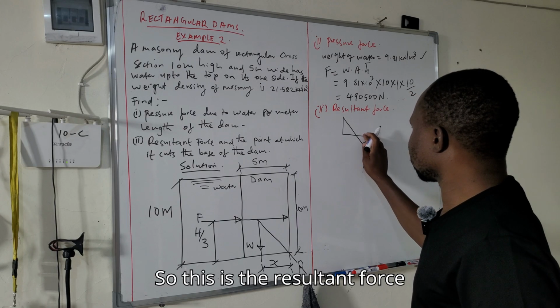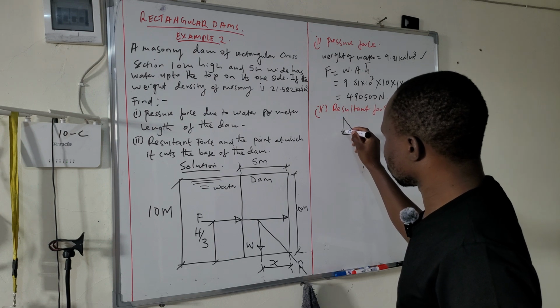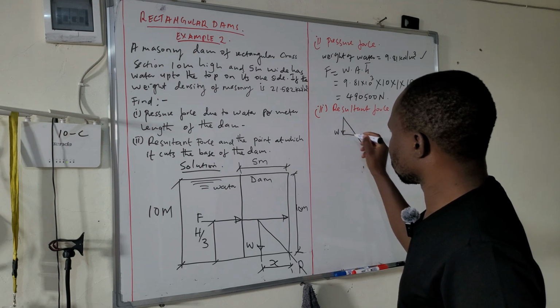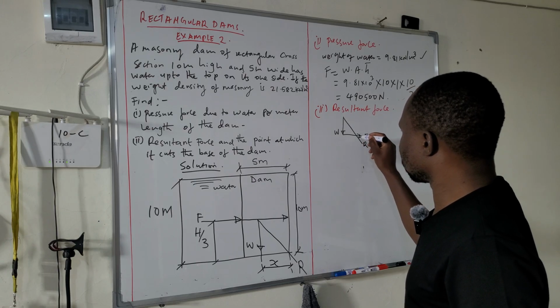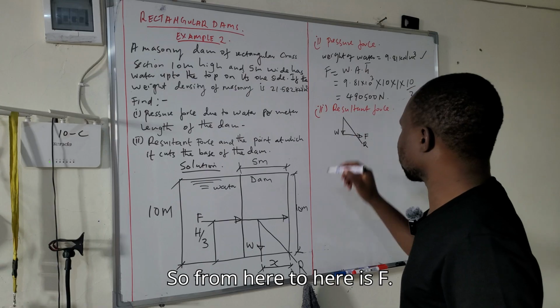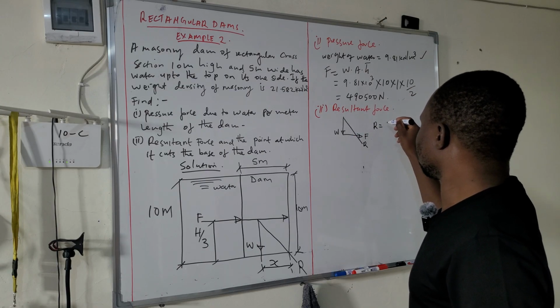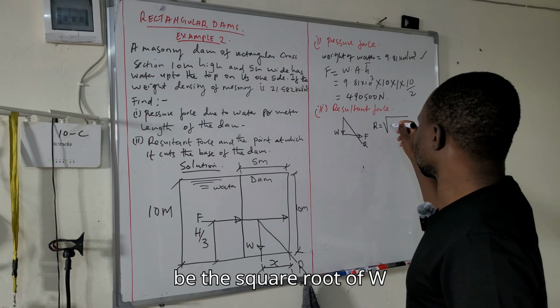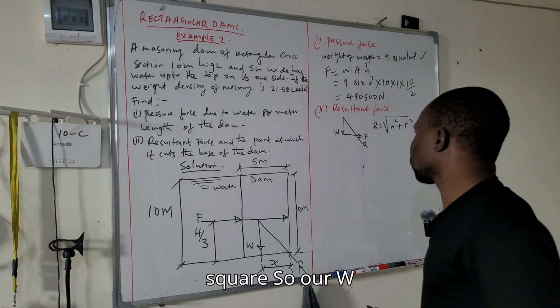So this is the resultant force, and this is W, and this one is F. So from here to here is F. So to get R will be the square root of W square plus F square.